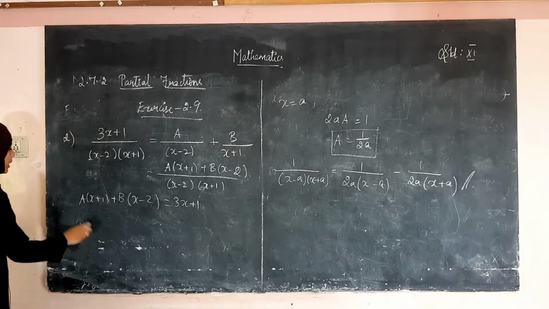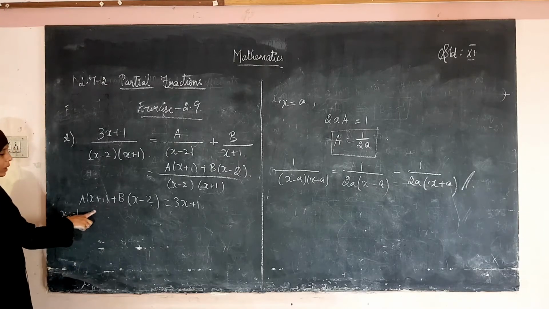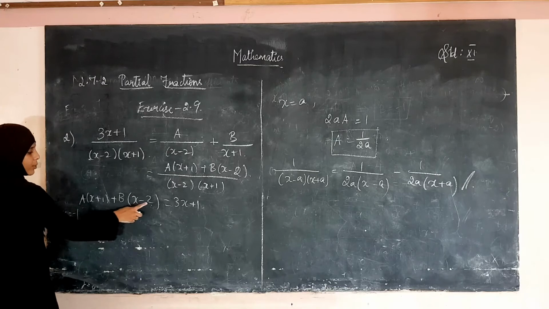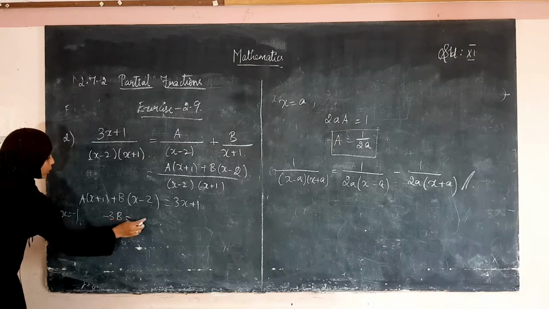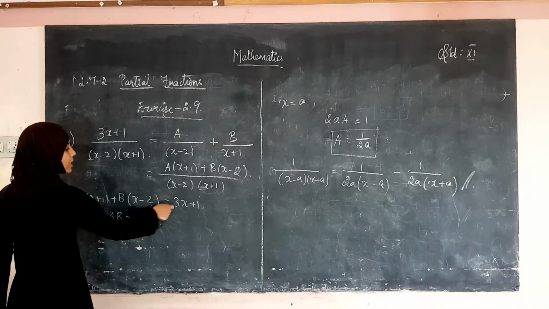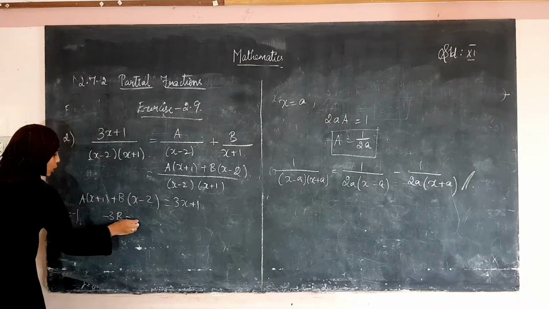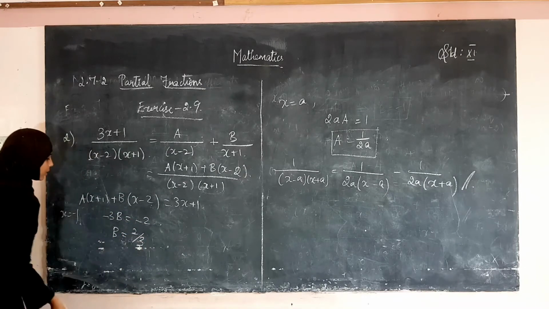First, let us substitute x is equal to minus 1. The first term becomes 0. Minus 1 minus 2 is minus 3, so minus 3B is equal to minus 3 plus 1, which is minus 2. Therefore B's value is equal to 2 divided by 3.